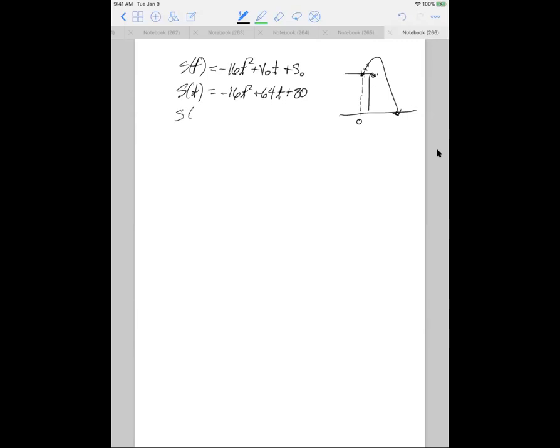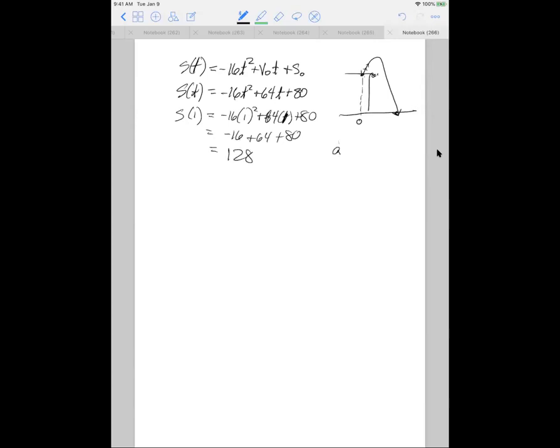So S of 1, t equal to 1, is equal to negative 16. Even though we know the t's are 1, and the answer is pretty straightforward there, we're going to recognize that this is negative 16. This is meant to be a 1, right? Plus 64, plus 80, and that equals, what do we get? Minus 48. That's positive 48. That turns out to be 128.